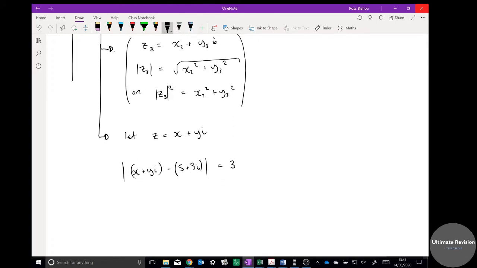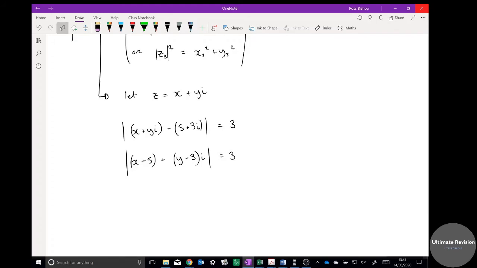If I group the real bits together, I get x minus 5 plus y minus 3 i. All I've done is reordered that and factorized it, equals 3. And remember, the modulus is going to be x minus 5 squared plus y minus 3 squared equals 3 squared, which is 9.